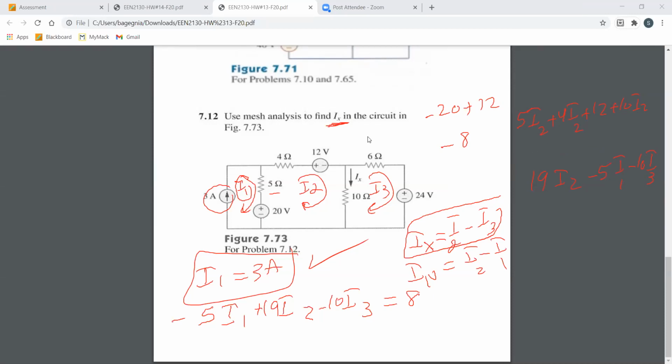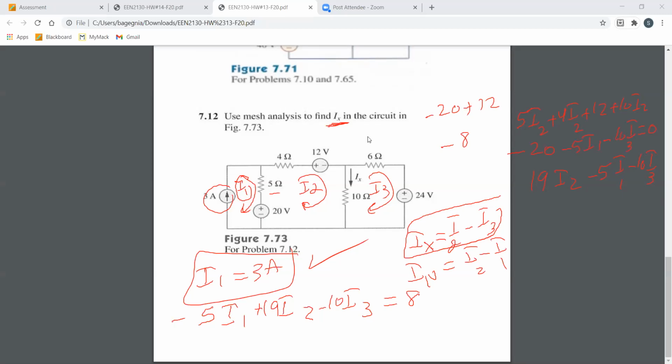So again, 5I2 plus 4I2 plus 12 plus 10I2 minus 20. And then the contribution will be minus 5I1, and the contribution of I3 will be minus 10I3, equal to 0.